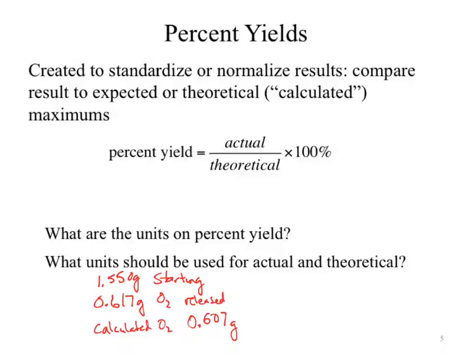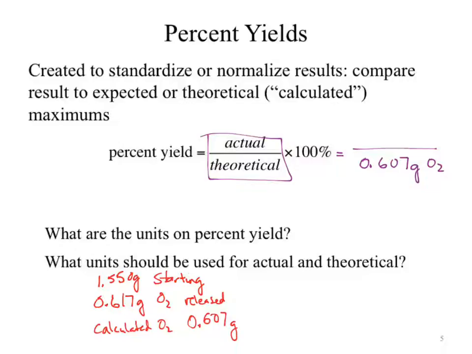The last 0.617. Okay. When we calculate our percent yield, the unit must be the same for both the actual and the theoretical. Well, the theoretical is how much was produced. Well, I'm telling you right now, calculated O2. As soon as you see that word calculated, you can now drop that in at the bottom of our equation because that's where it belongs. What needs to show up on top?